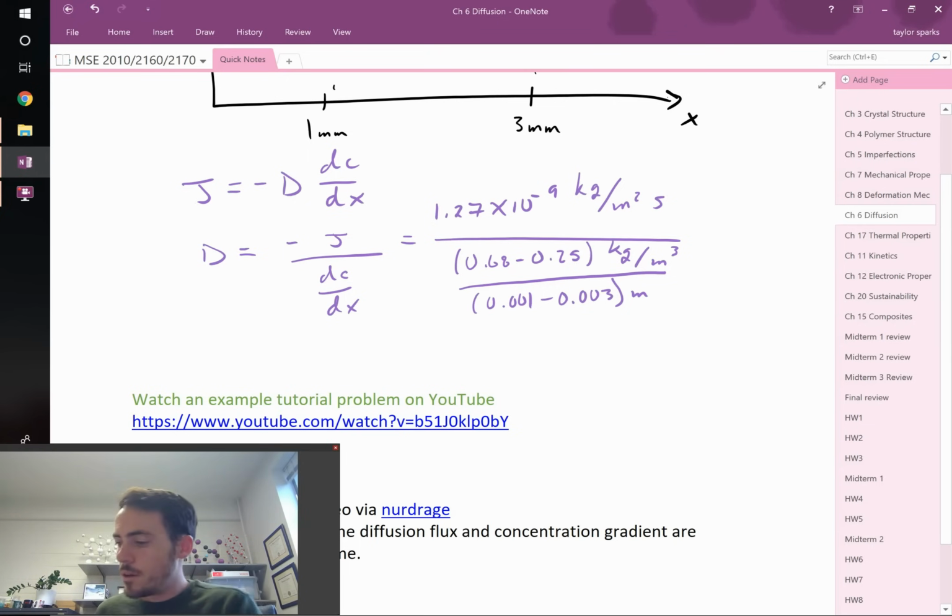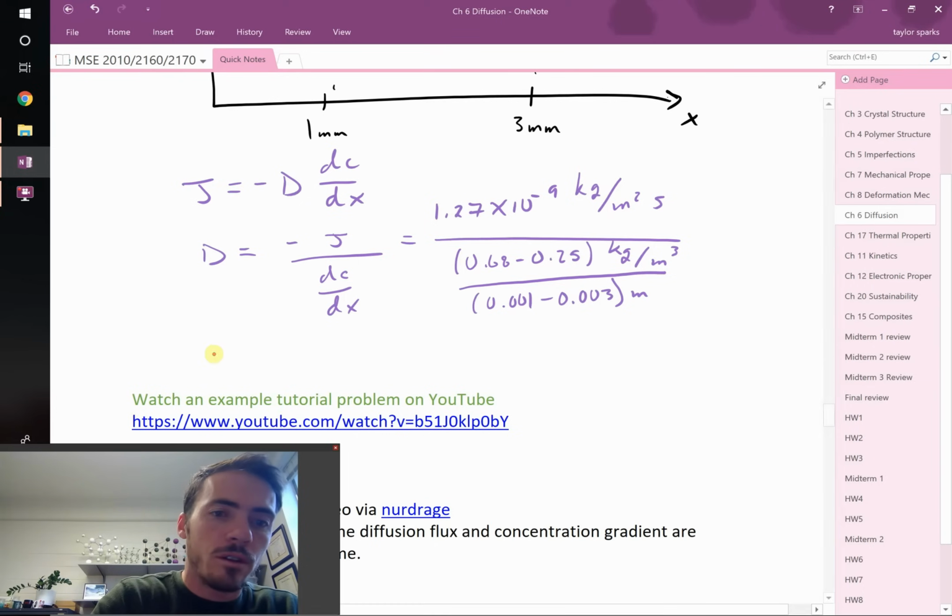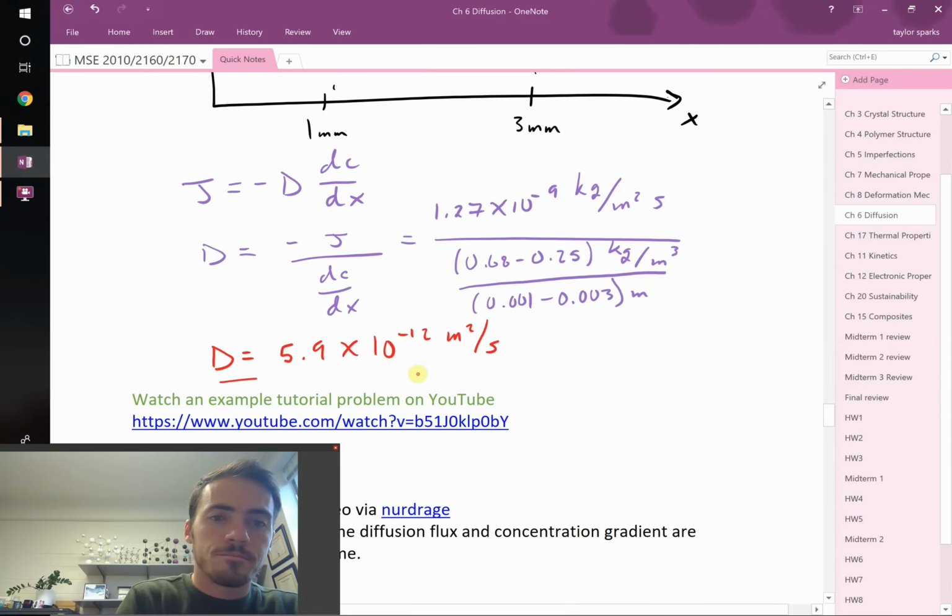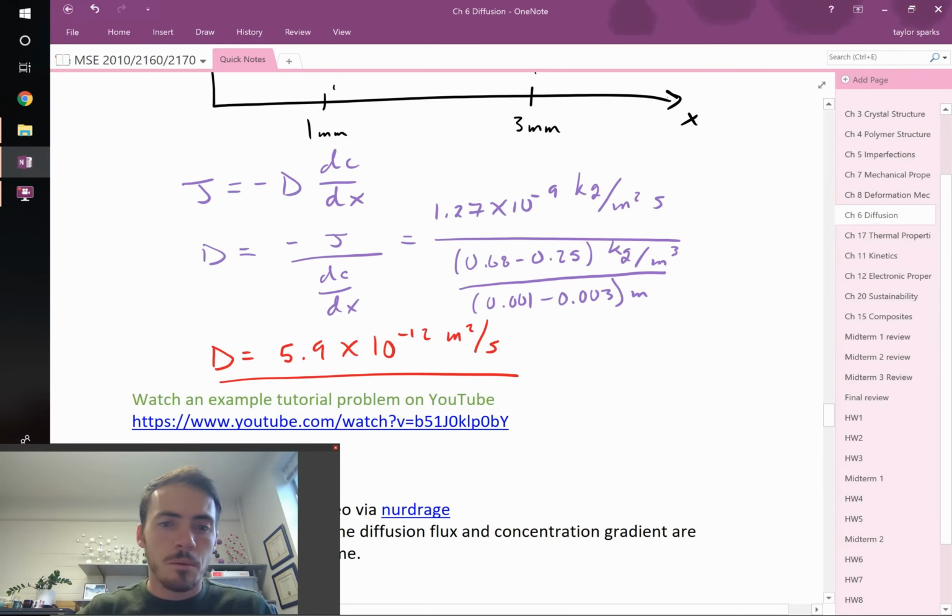Okay, and I get for an answer 5.9 times 10 to the negative 12 meters squared per second for D. So D, our diffusion coefficient, I get 5.9 times 10 to the negative 12 meters squared per second. Okay, let me pause for a second.